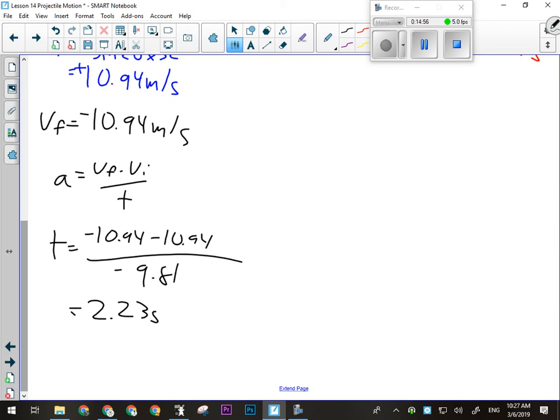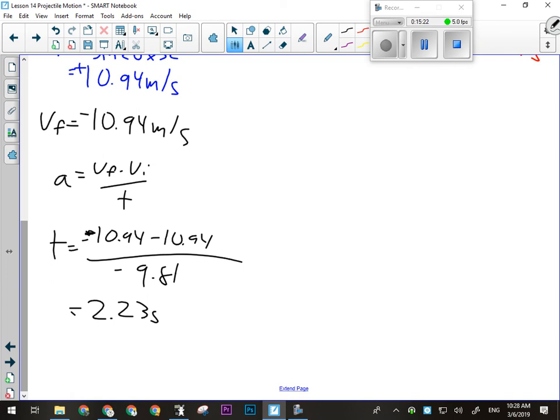Oh, it'll mess it up. Okay, if I don't put this negative here, I get 0. No, but like if all of the numbers are positive, then you just add the 2 tens and then divide by 9.81. Well, I added the 2 tens because negative 10.94 minus 10.94 is 2 times, right? Like I know I shortcut on the calculator, okay?